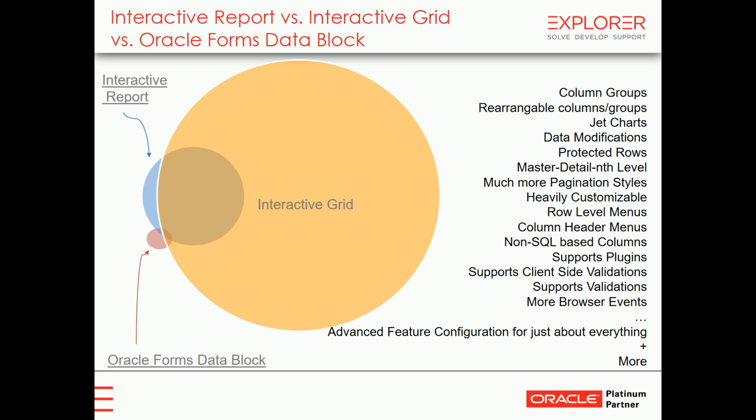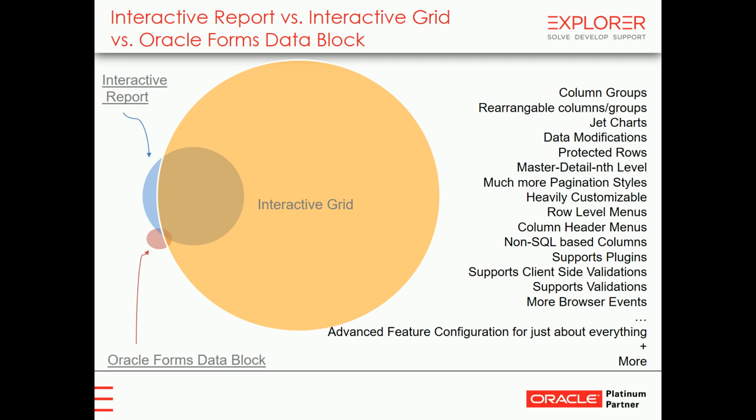We can perform many data modifications. We can perform those automated update modifications, or we can use more complex PL/SQL driven modifications using a PL/SQL type region, PL/SQL process. We can protect rows, we can protect certain columns.